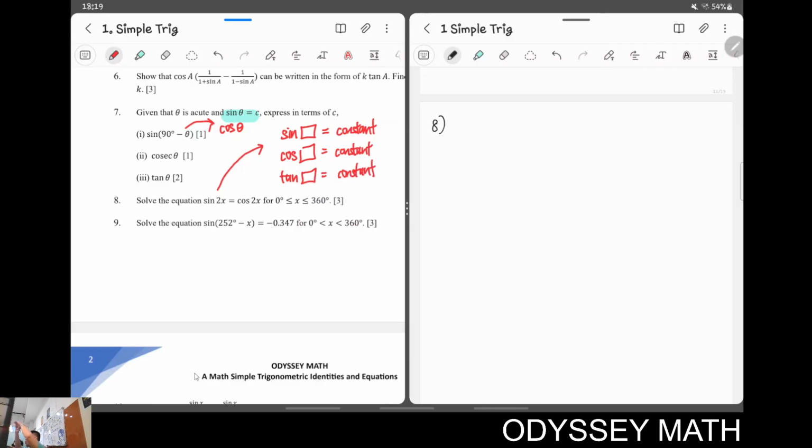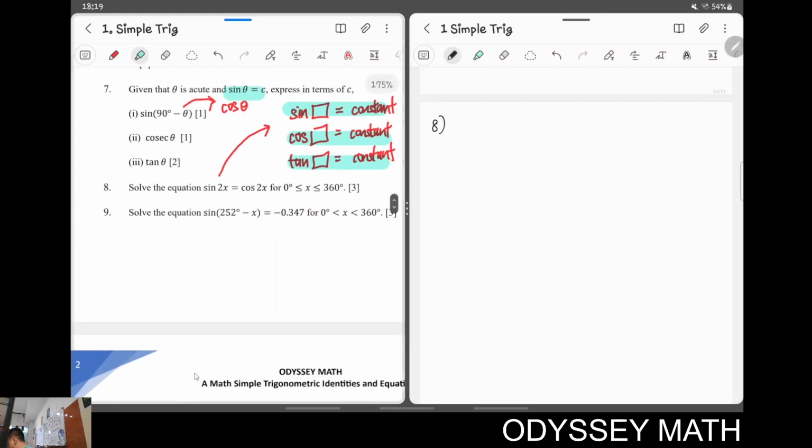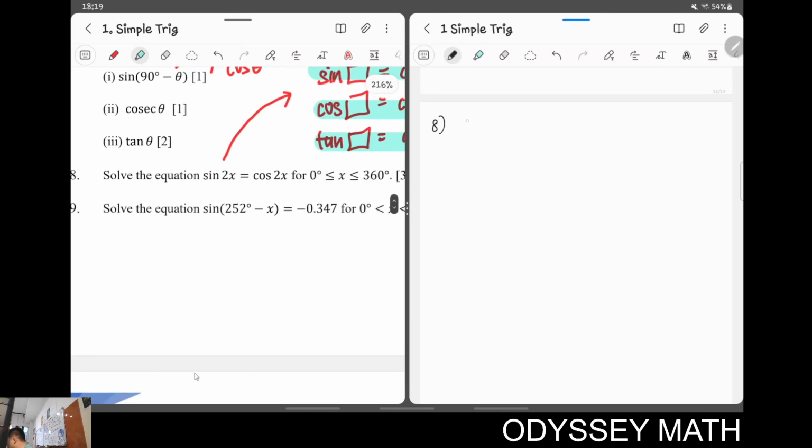When you have a complicated trigo equation, doesn't matter what the exam gives you, so long as you can reduce it to sine something, cosine something, or tangent something equals to a constant, that will do. So here I will divide both sides by cosine 2x.